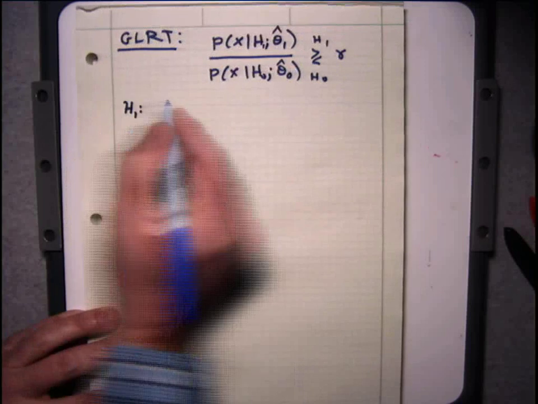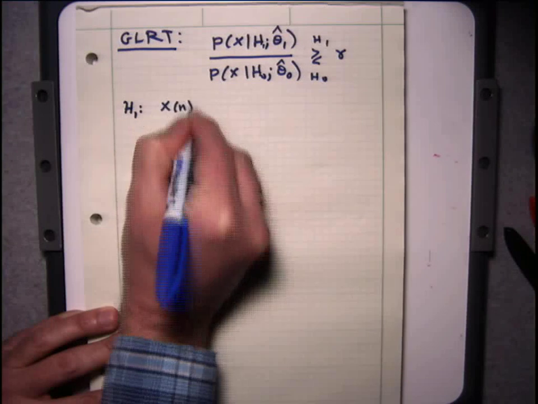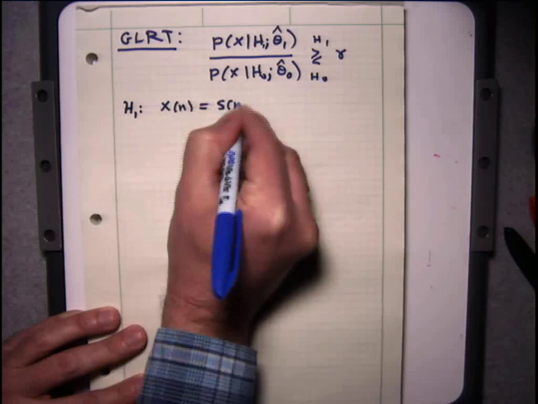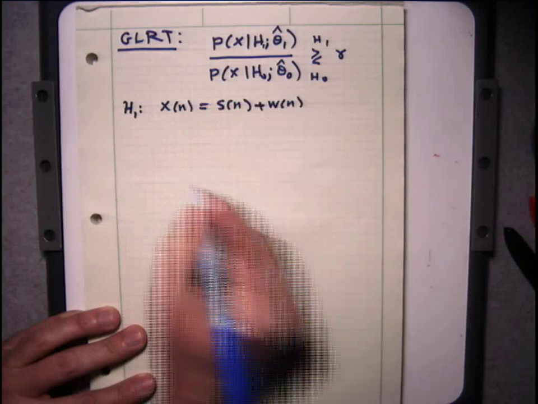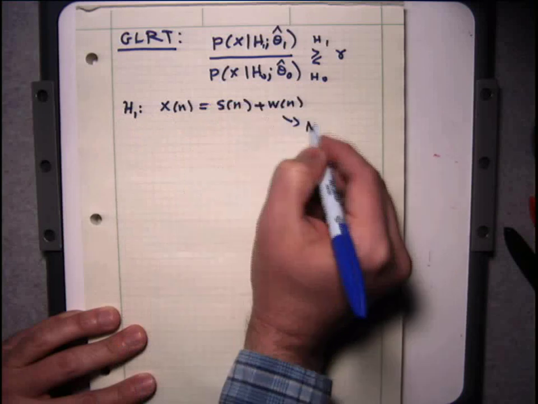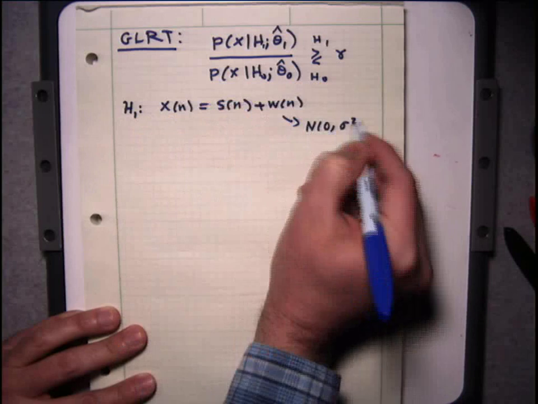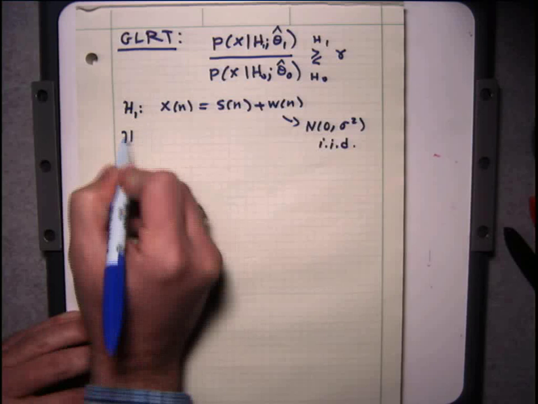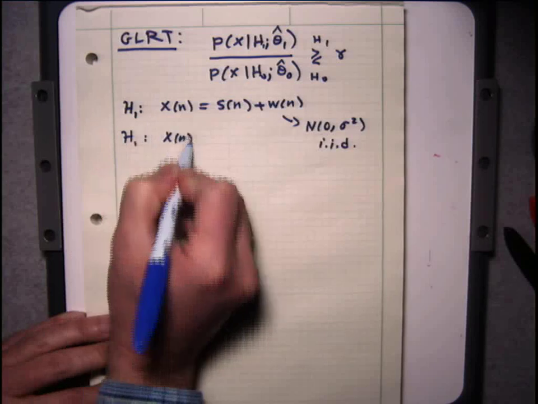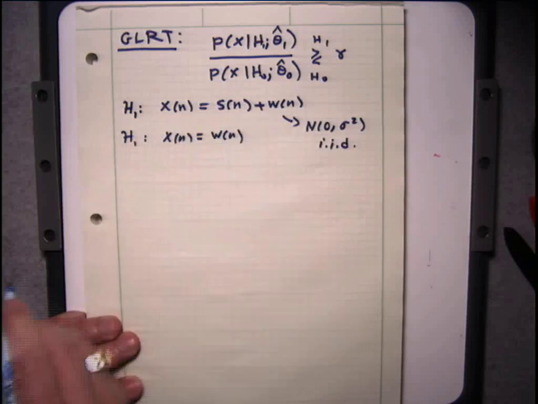Let's say under H1 you have a signal x of n, which is s of n plus noise. And let's say this noise is zero mean, covariance sigma squared, and IID for simplicity. And under H0, x of n is equal to w of n.